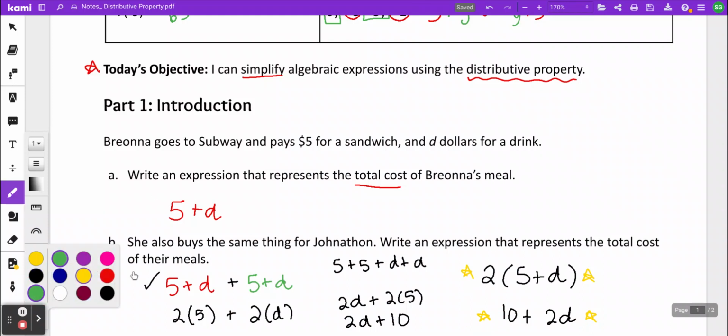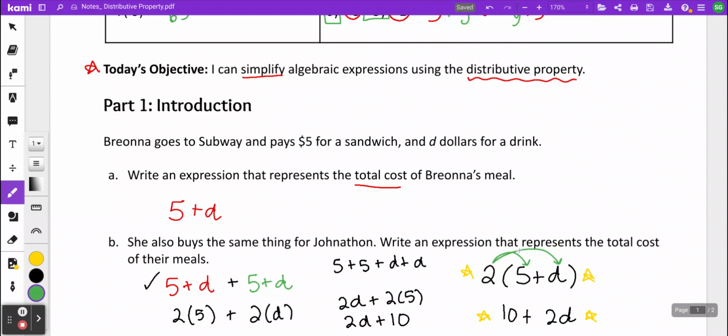And the way we get there, you might be able to figure out, how would I go from something like this first line to the second line? Well, that multiplication there tells me we're buying 2 of those $5 sandwiches, but because those parentheses are around everything, the 5 plus D, it also means I'm buying 2 of those drinks.